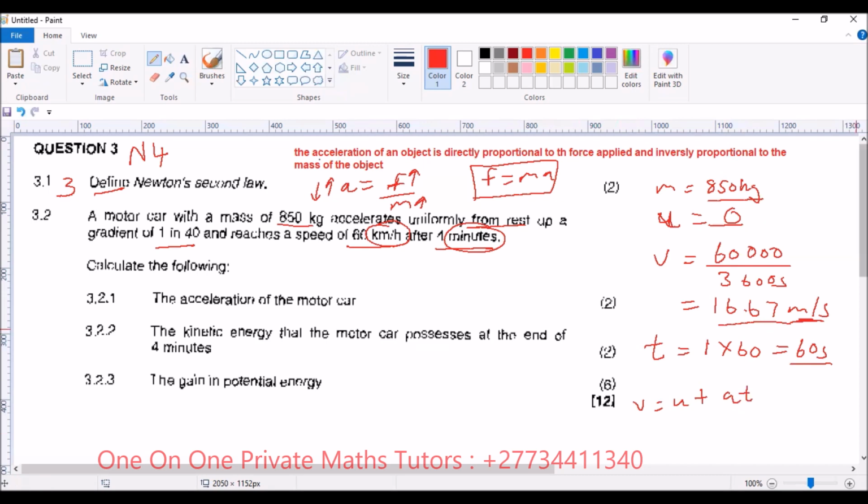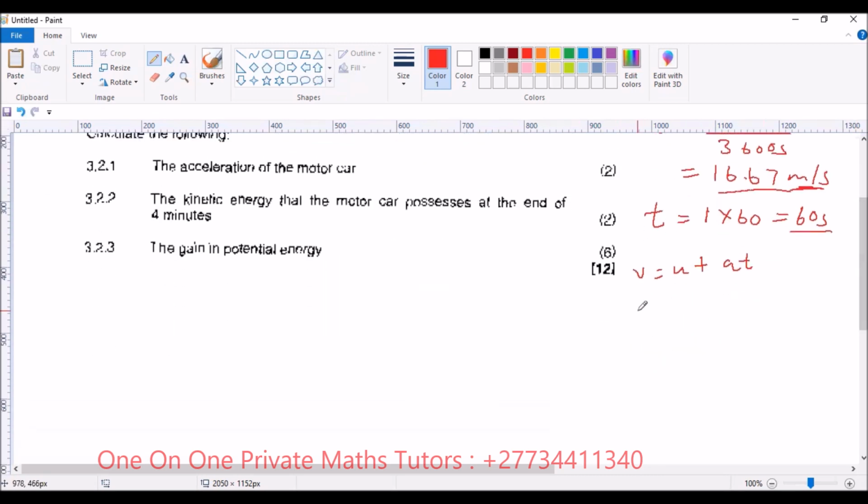And when we rearrange this equation, a is equal to v minus u over t, which is 16.67 minus 0 over 60. What would that give after we substitute our values? This will be 0.28 meters per second squared.